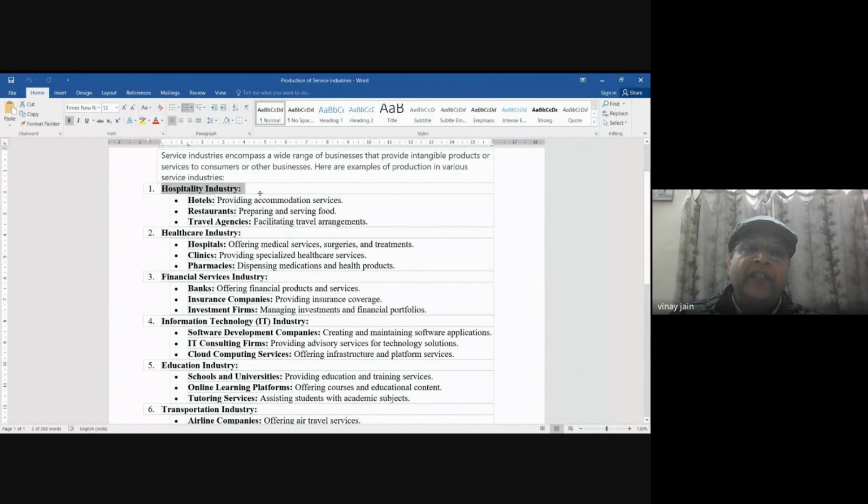Under the hospitality industry, you have hotels providing accommodation services. So this is service. Restaurants prepare and serve food. Travel agencies facilitate travel arrangements for you.